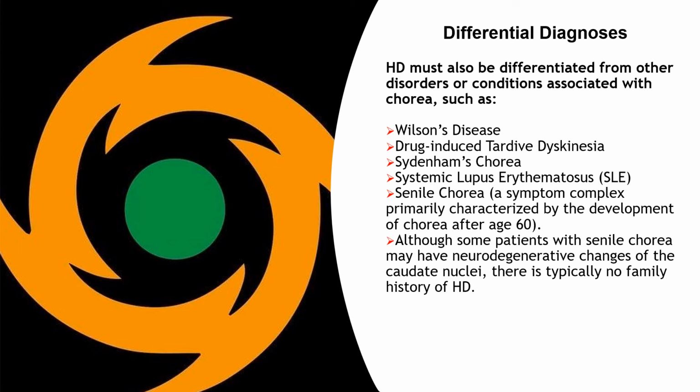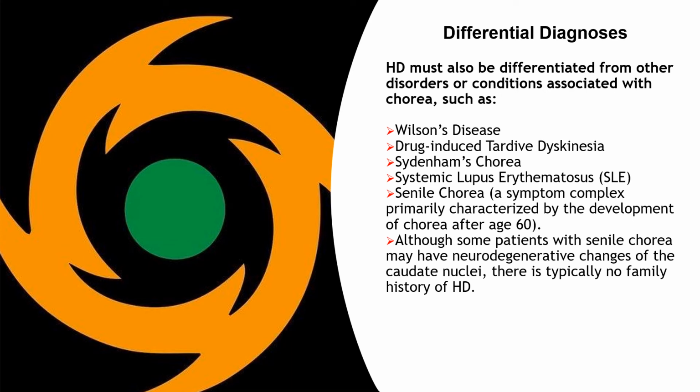Differential diagnosis. So Huntington's must also be differentiated from other disorders or conditions associated with chorea, such as, for example, Wilson's disease, drug-induced tardive dyskinesia, Sydenham's chorea, systemic lupus erythematosus or SLE, senile chorea, a symptom complex primarily characterized by the development of chorea after the age of 60.